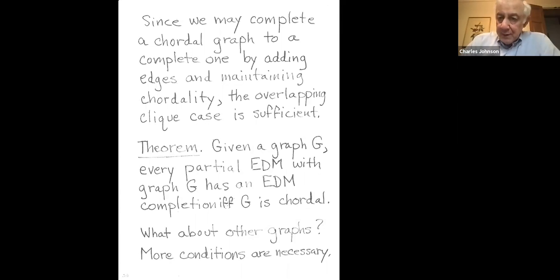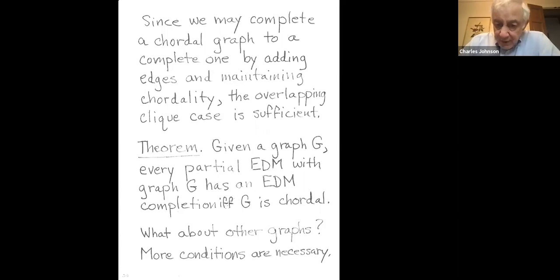That is, there will be two cliques that overlap with just one edge missing, and I can solve that problem as just indicated. And so by finding a chordal ordering of the missing edges, I can simply complete my partial Euclidean distance matrix as long as it's chordal. So that means that this condition is necessary and sufficient.